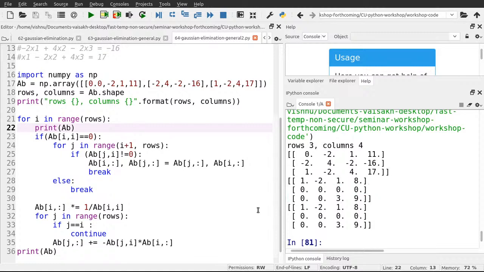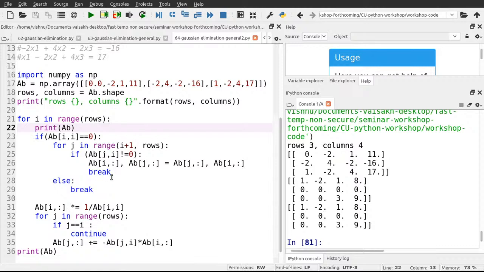In the third step, if ABJI is not equal to 0, ABI equal to ABJ, ABI, so the interchanging is happening, and breaking. So the interchanging is not happening in this case.